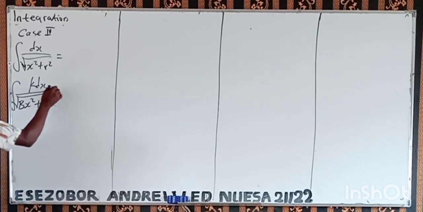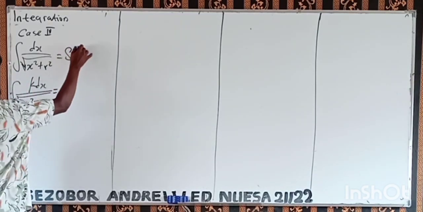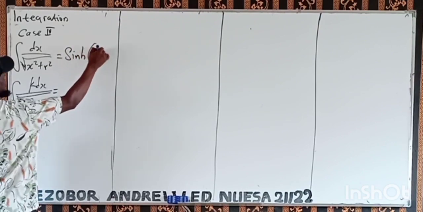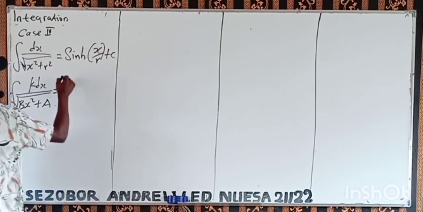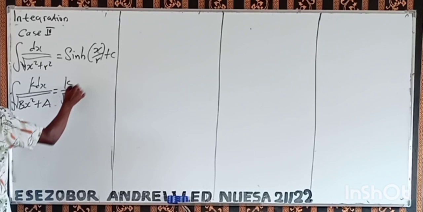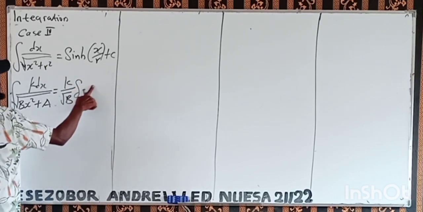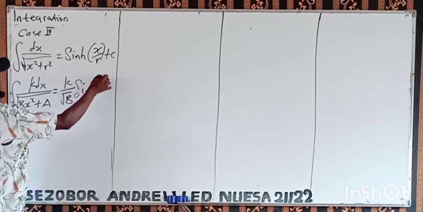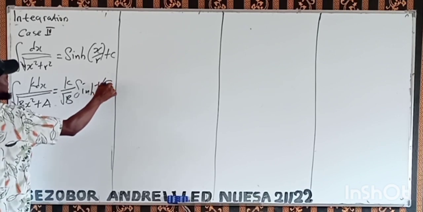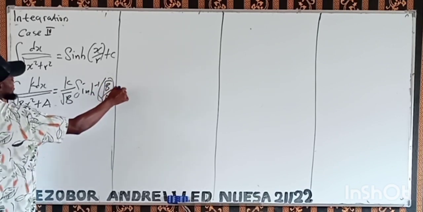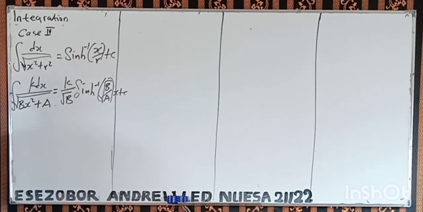The answer will still be the same, but this one becomes sine inverse of s over r plus c. So it will be k over root b sine inverse of root b over a s plus c. Its inverse is sine inverse, not just ordinary sine.